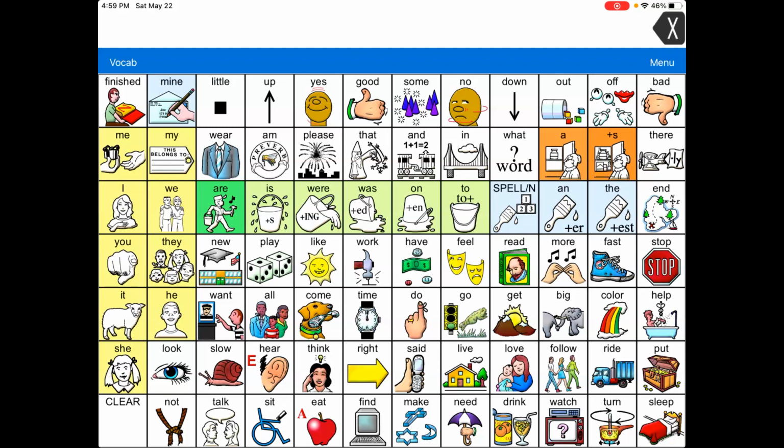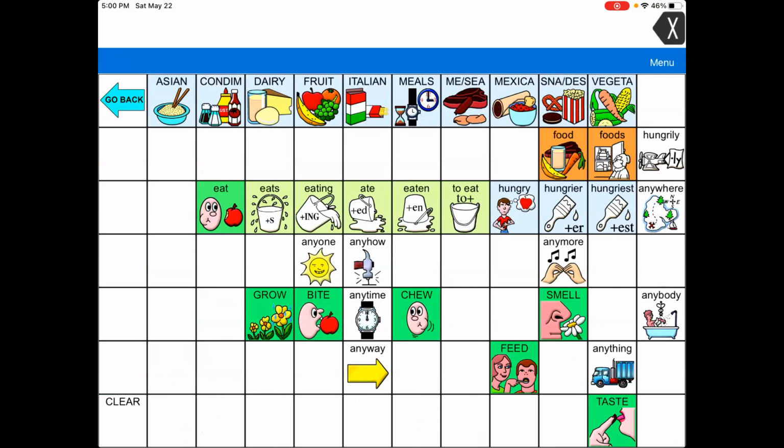So colors matter in Words for Life. They help us know which part of speech we're using. We can select any icon on the home screen. For example, let's go to the bottom row and pick the apple, which is eat. You'll notice that we've gone from the home screen, that first layer, into the second layer.